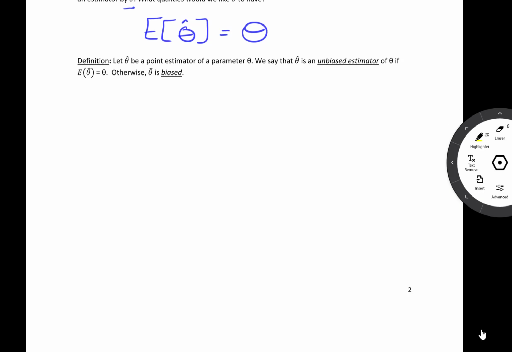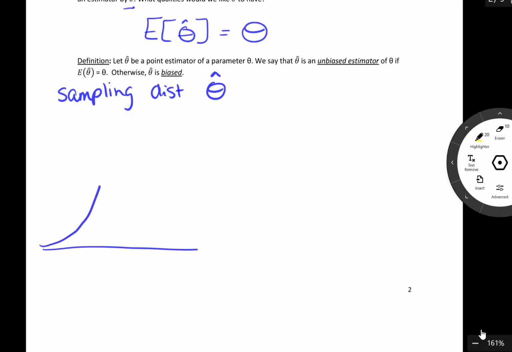So let's look at a picture here. Let's visualize what the sampling distribution of theta hat might look like. One potential sampling distribution we could have would look like this. And let's suppose that theta occurs right in the center. In other words, the expected value of theta hat is equal to theta.